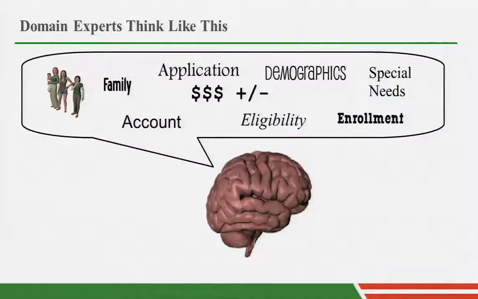And so when you look at what the domain experts think about, and this is a domain I recently worked in, it's basically called SCHIP, or State Child Health Insurance Program, I believe is the acronym, for states that offer medical care for children of disadvantaged families that don't have a high enough income to pay for their own insurance.